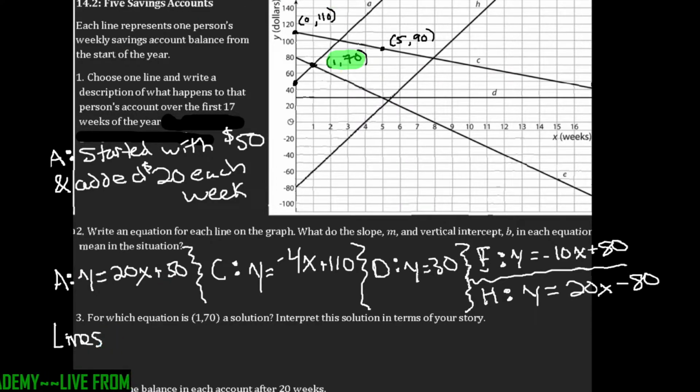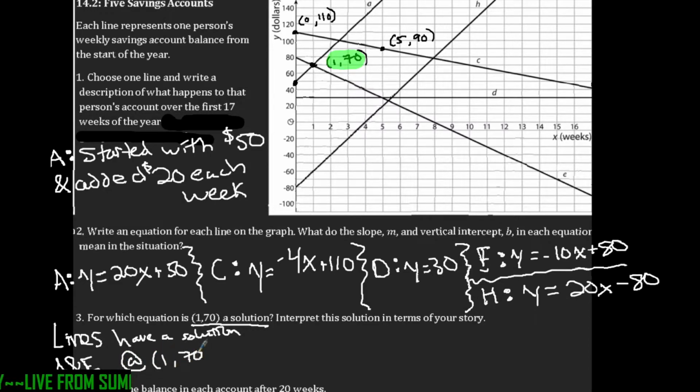So lines A and E have a solution at 1, 70. What does that mean?